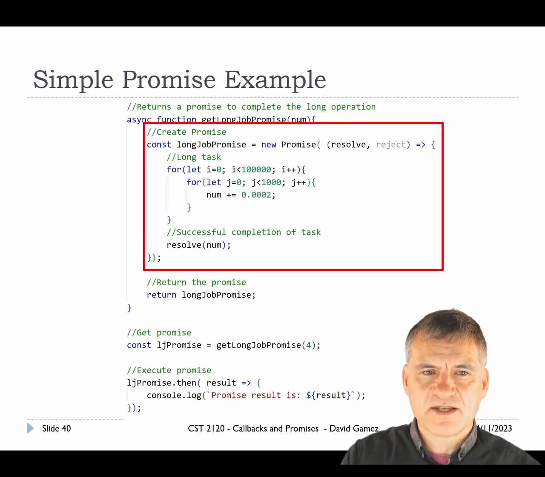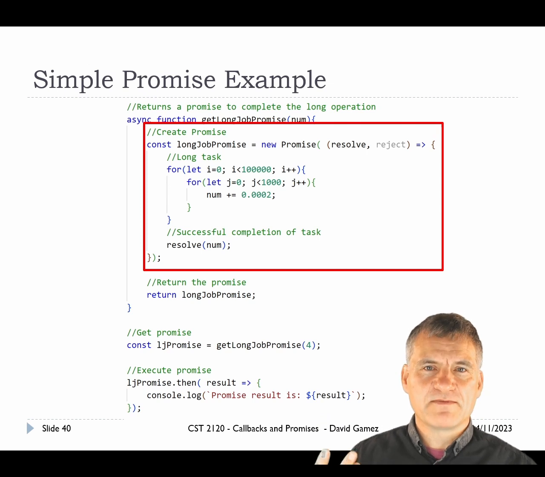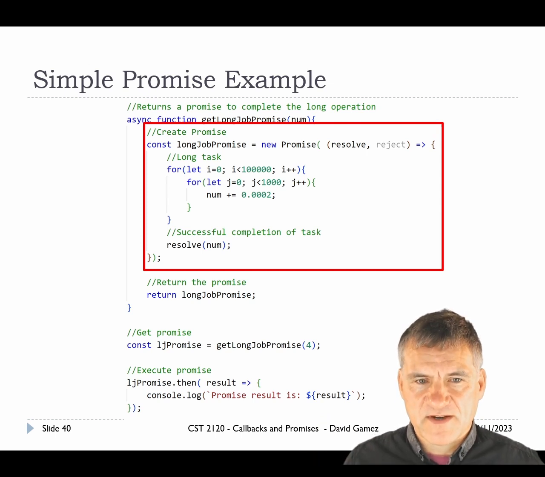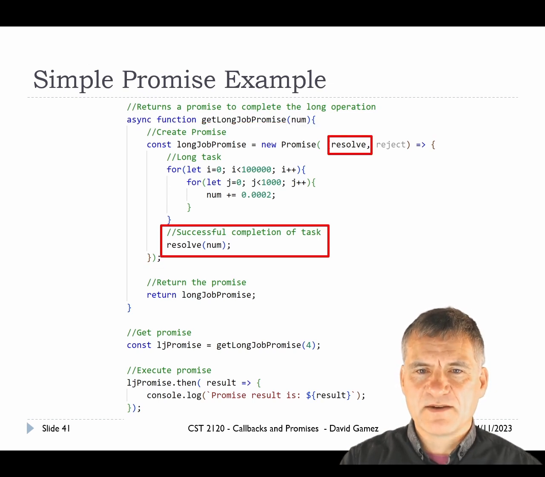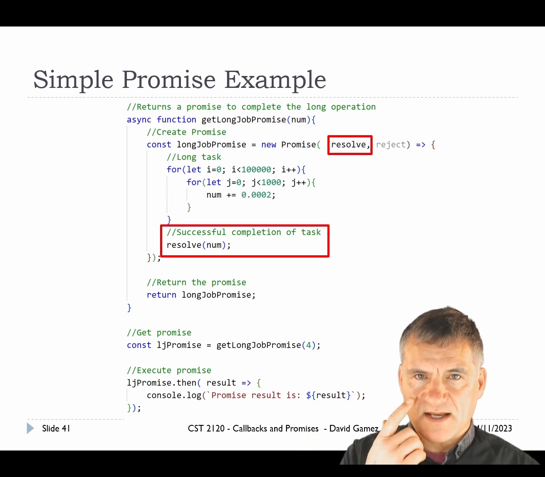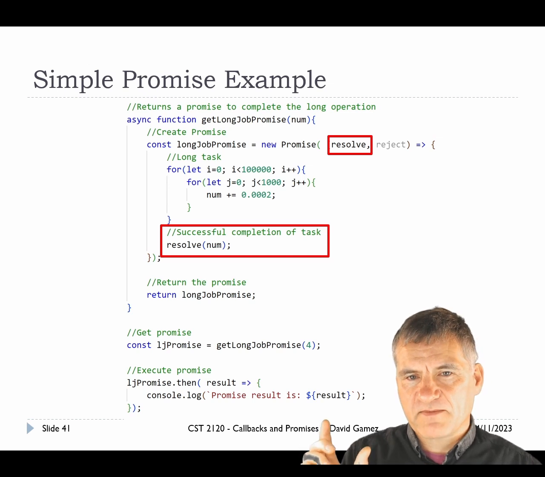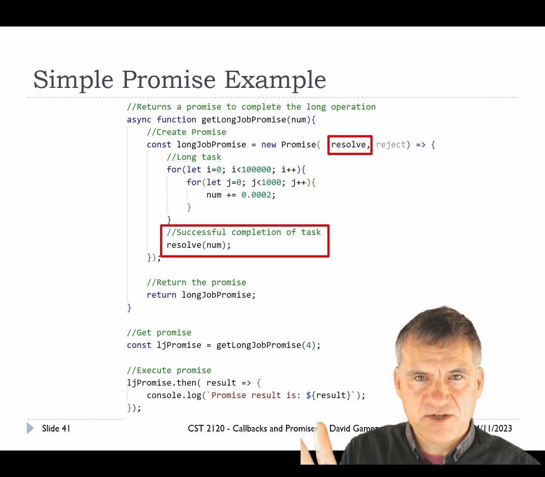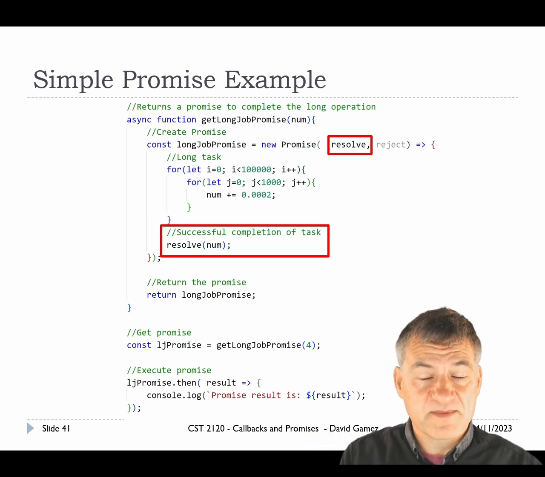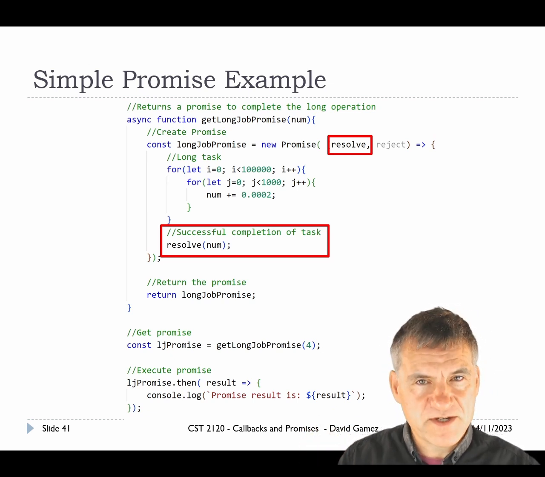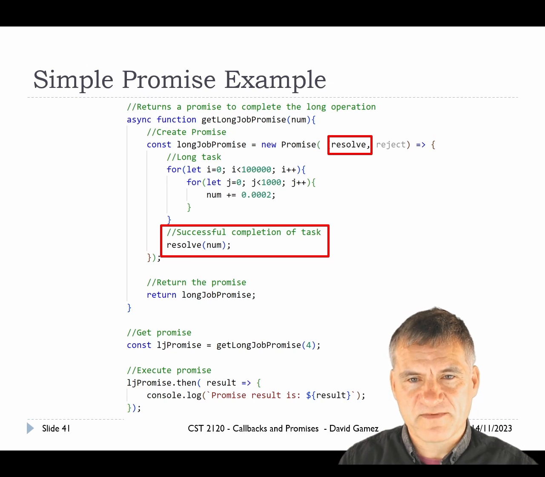But in this case, this is just a function that's building a promise and returning it, and that's why I'm calling it an async function. Yeah. And then we have this promise syntax. Promise is like a class in JavaScript, and we pass as an argument to the constructor of a promise a function whose arguments are themselves functions. So it's functions within functions within functions. I covered this in my lecture on advanced JavaScript.